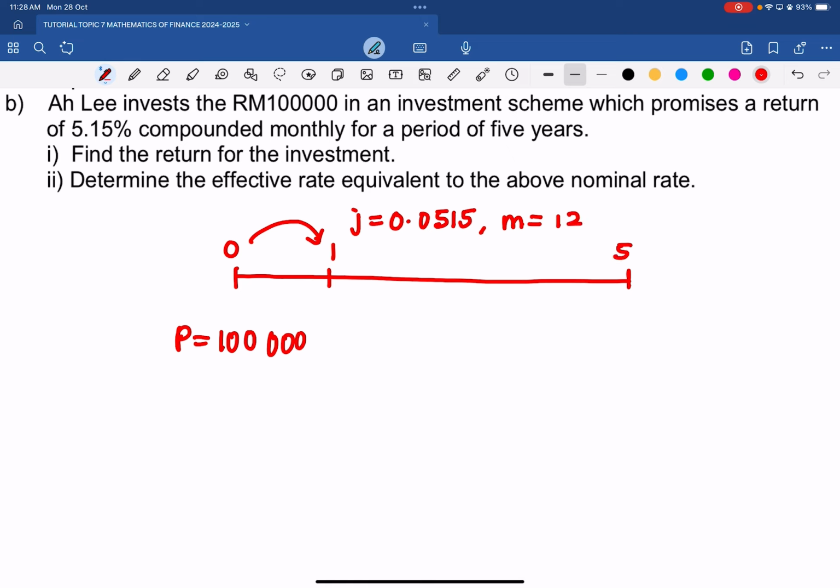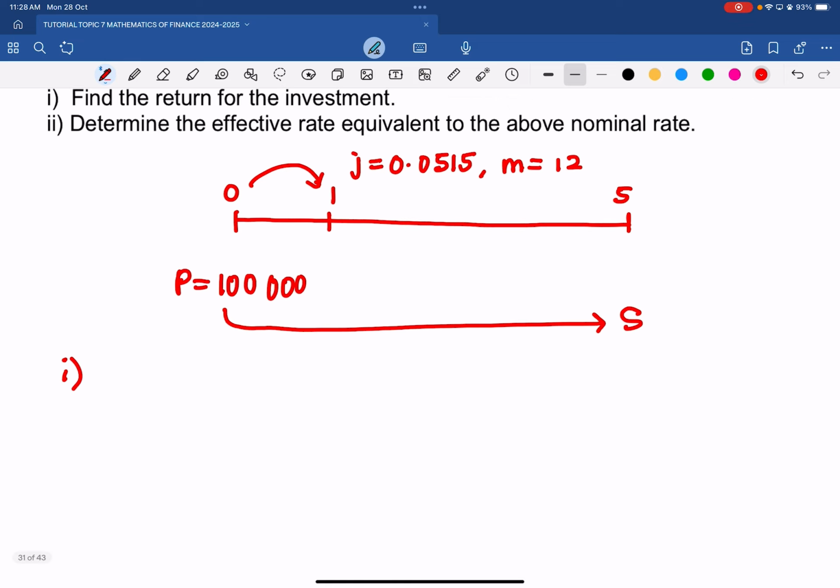Find the return of investment. So how do we find the return of investment? Which formula do we use? Formula S, the future value. T is 5. N is T times 12, so 60.